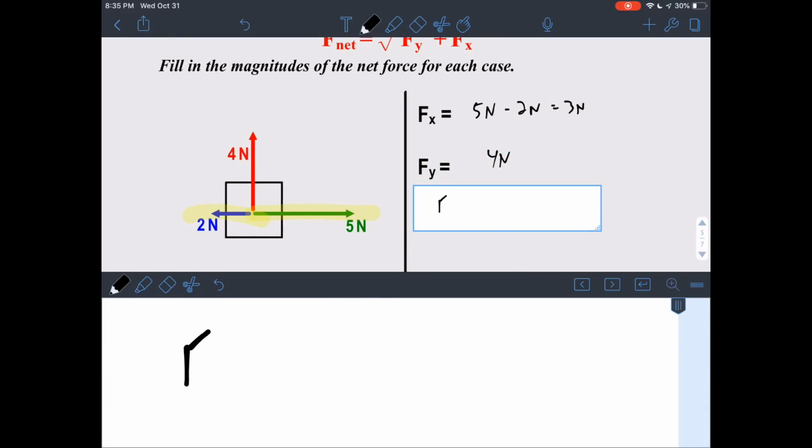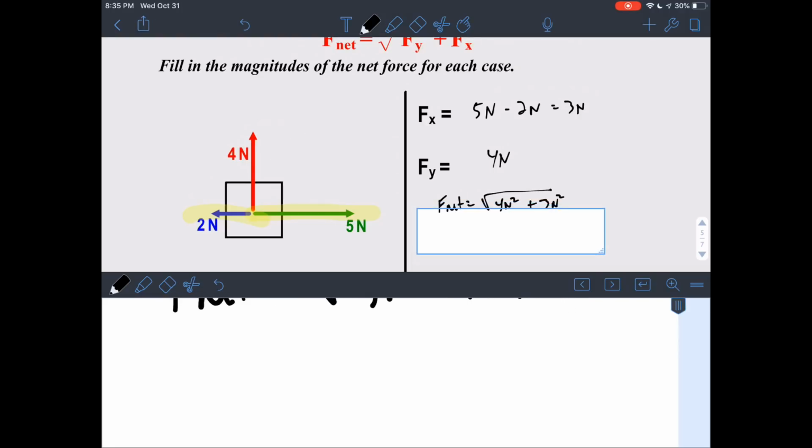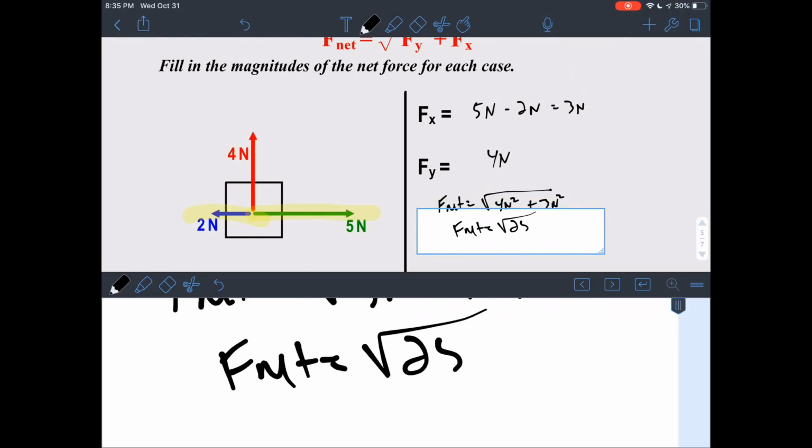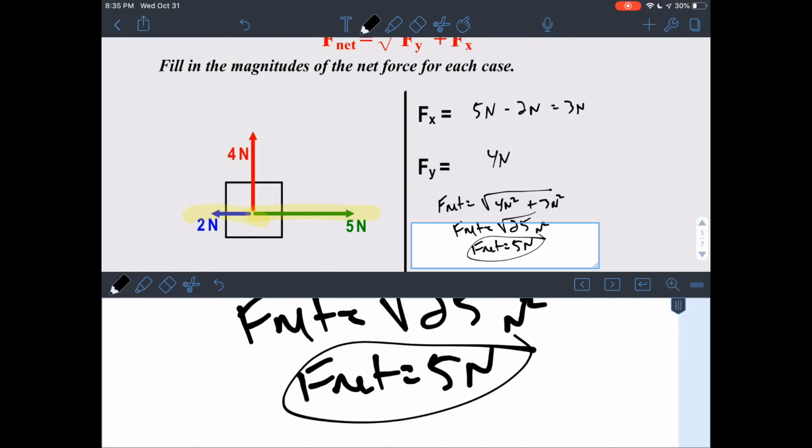So we'll go ahead and do our F net is the square root of our Fy squared, so 4 newtons squared, plus our 3 newtons squared. So we're going to add 16 plus 9, so our F net is going to be the root of 25 square newtons, and that of course is going to be 5 newtons for our F net.